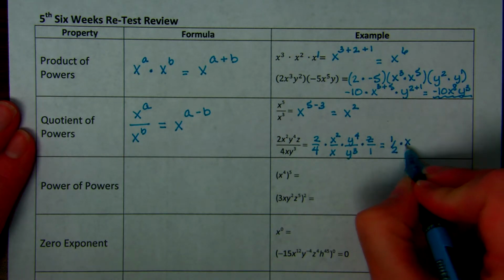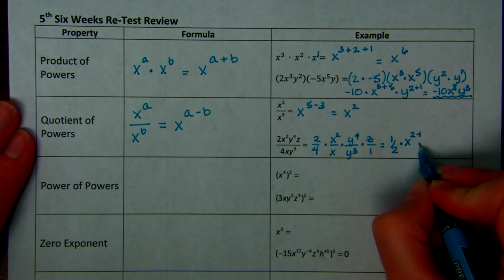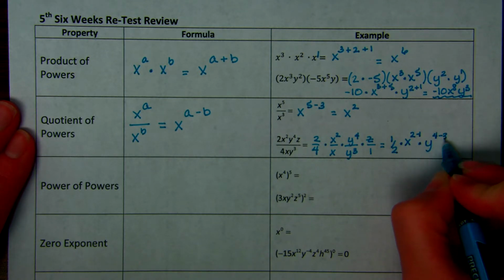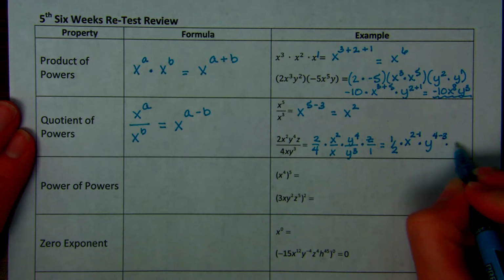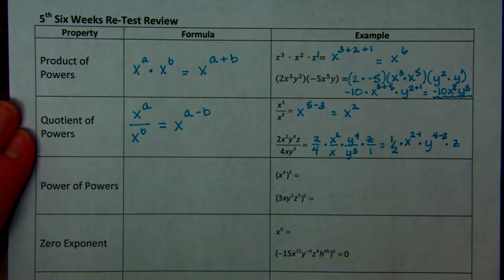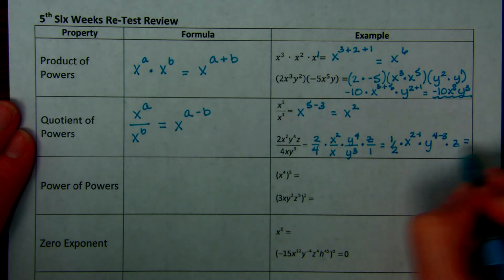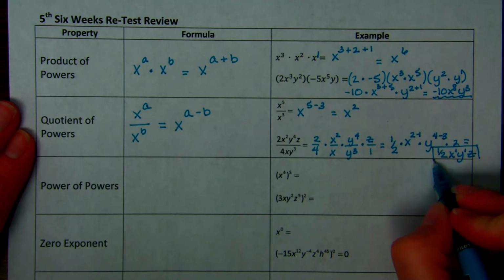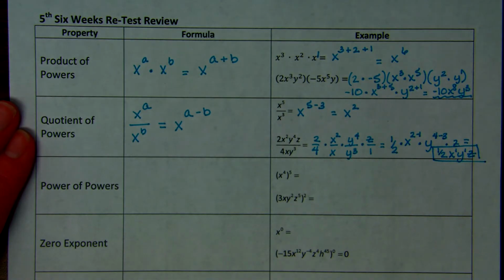X squared over x is x to the 2 minus 1 power. Y to the 4th over y cubed is y to the 4 minus 3, and then times z. And so this is really tiny, 1/2 x to the 1st y to the 1st z. Right there.